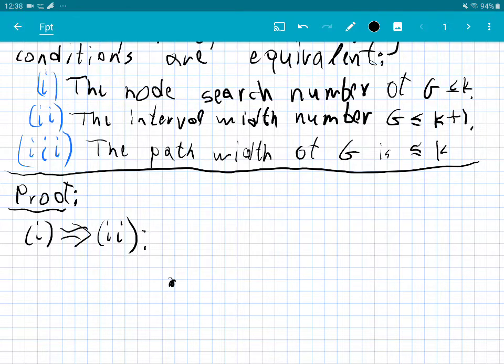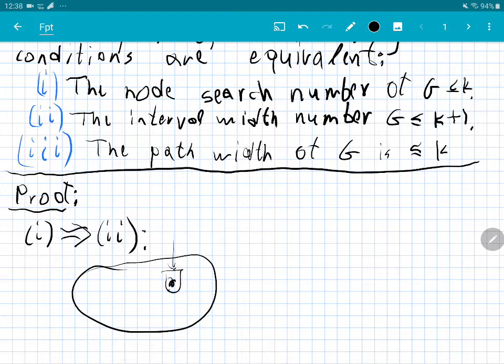Now the problem, intuitively, is that you might have a vertex where the schedule dropped a guard, then the guard went somewhere else. And in fact, this vertex can be recontaminated, and then the guard came back, right? So a vertex might be occupied and freed several times.